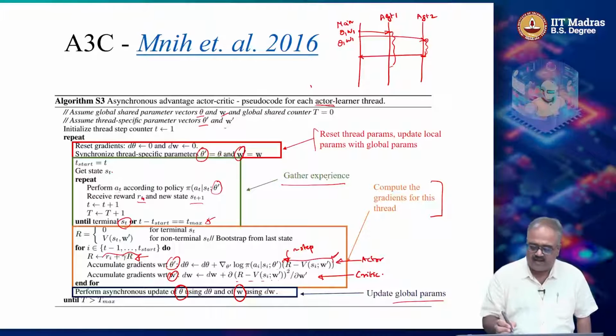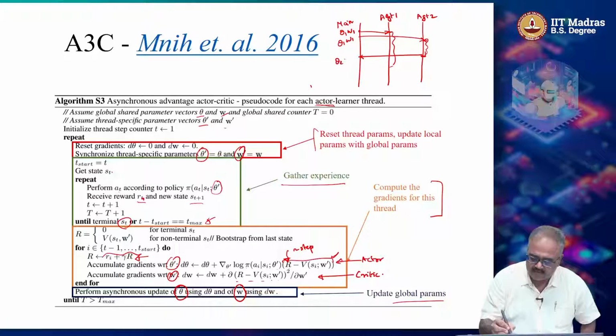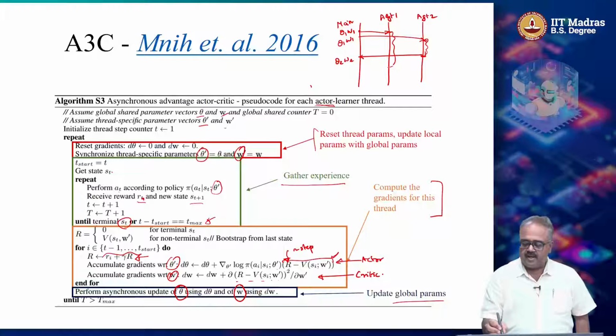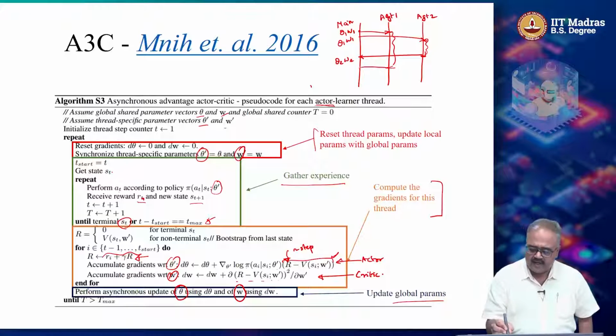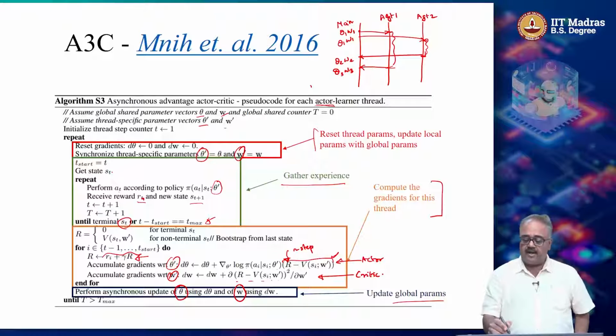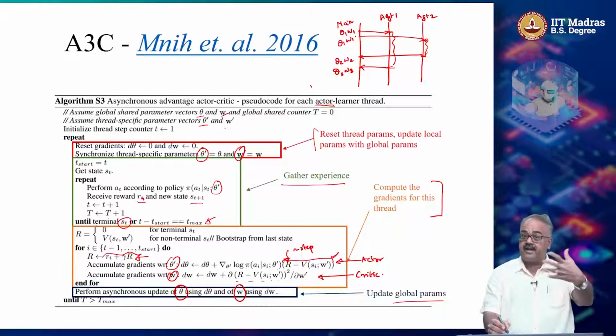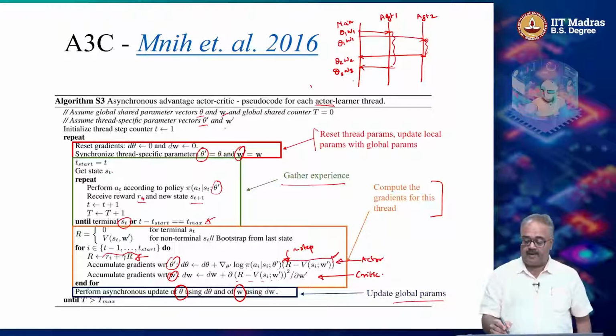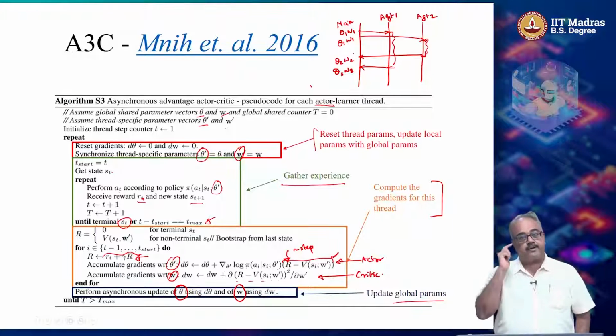So it will go back here and update, and now this has become theta 2 and w2. Now agent 1 finishes and it will update, and this will become theta 3 and w3. But the problem is agent 1 computed the gradient when the weights were theta 1 and w1, but when it is updating, the weights have already moved to theta 2 and w2.